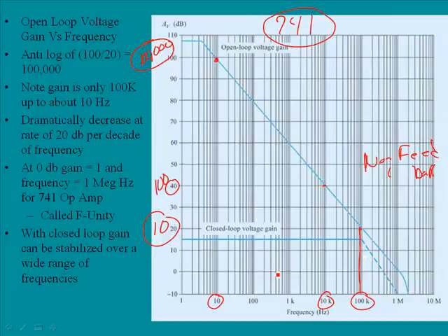Now if we continue down this slope here, and we get down to 0 dB, the gain A equals 1. And if we go over here, we'll find out that that is at 1 megahertz.